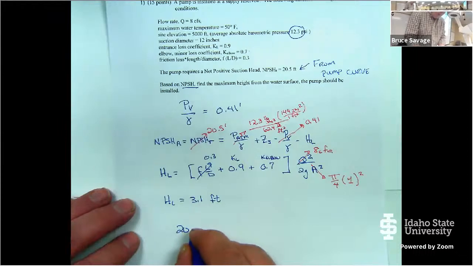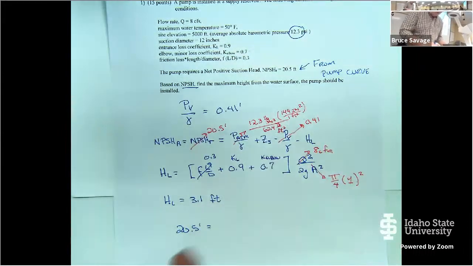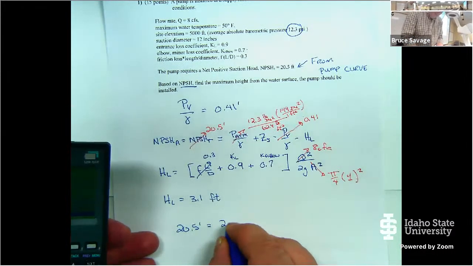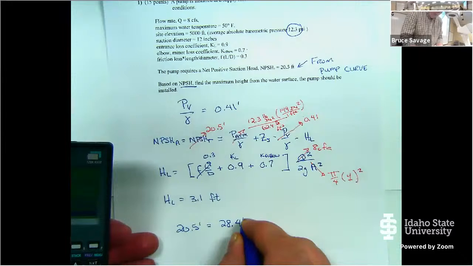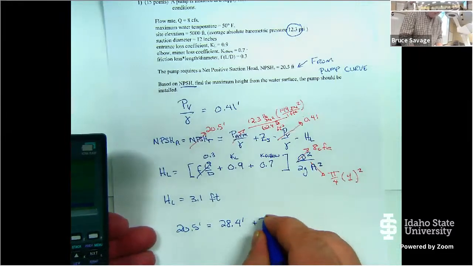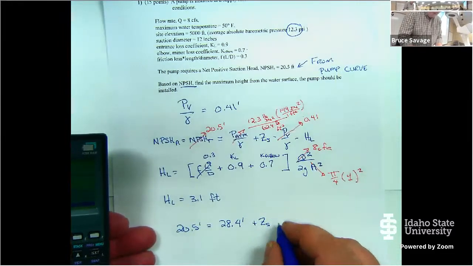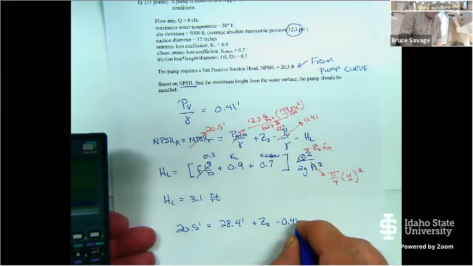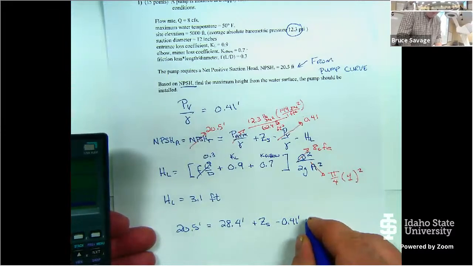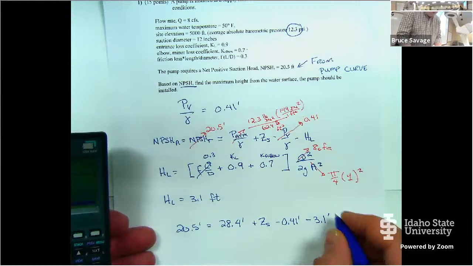So now I'm going to have 20.5 equal to, simplifying my atmospheric pressure, 28.4 feet, plus Z sub S minus 0.41 feet, minus 3.1 feet.